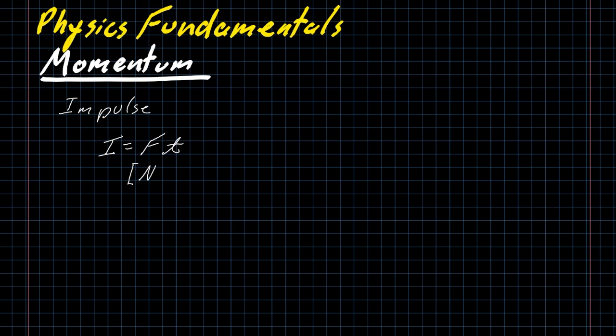We have measured forces in newtons, and we have measured time in seconds. Nothing too surprising there. A newton itself is a kilogram meter per second squared. And if you multiply kilogram meter per second squared times second, one of those seconds will cancel out, and you're left with kilogram meter per second.